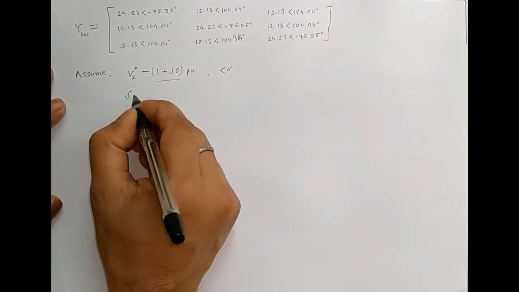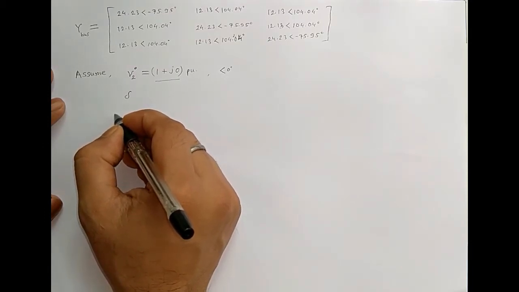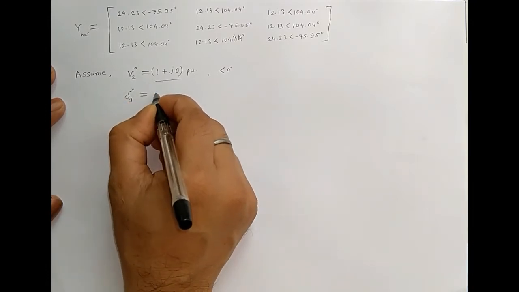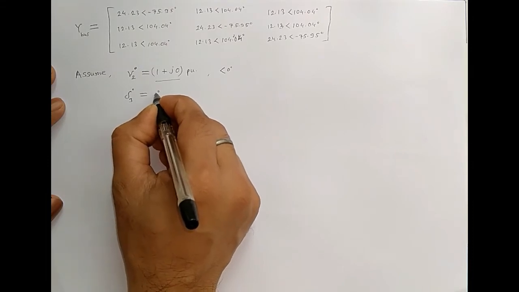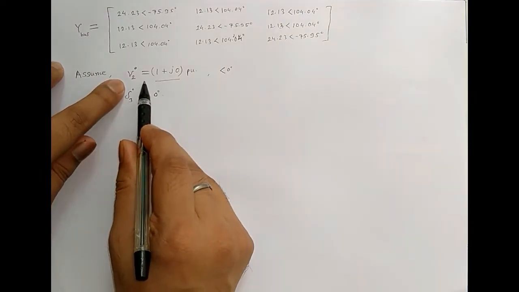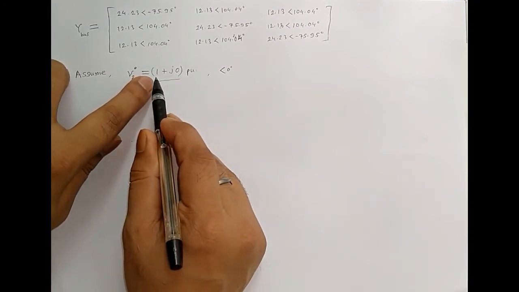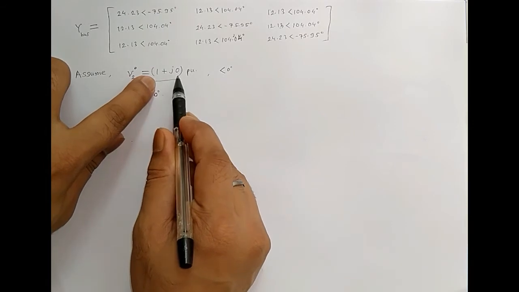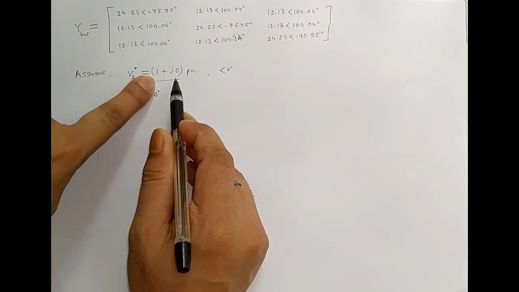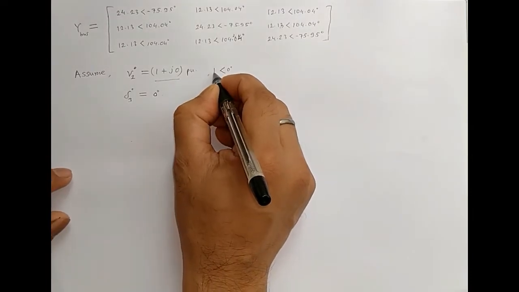In bus number 3, we have to assume only the angle, that's why this is delta 3 0, we have assumed 0 degree. So for the PQ bus we have assumed the magnitude part as well as the angle part, directly, that's why in complex number 1 plus j0. In a complex number we know the magnitude portion as well as the angle portion, or you can say 1 angle 0 degree.